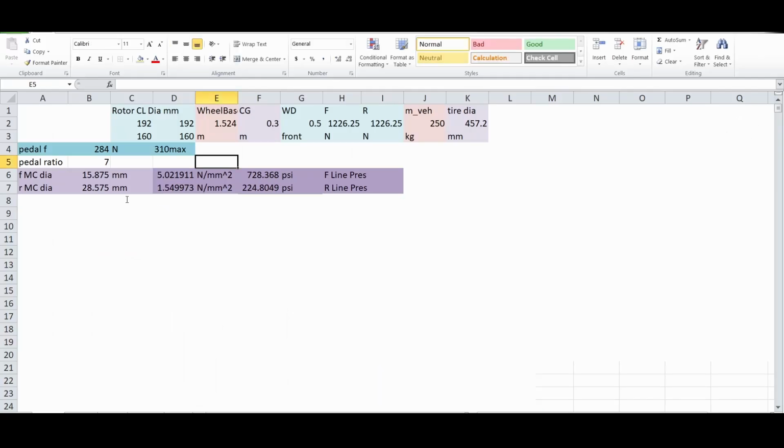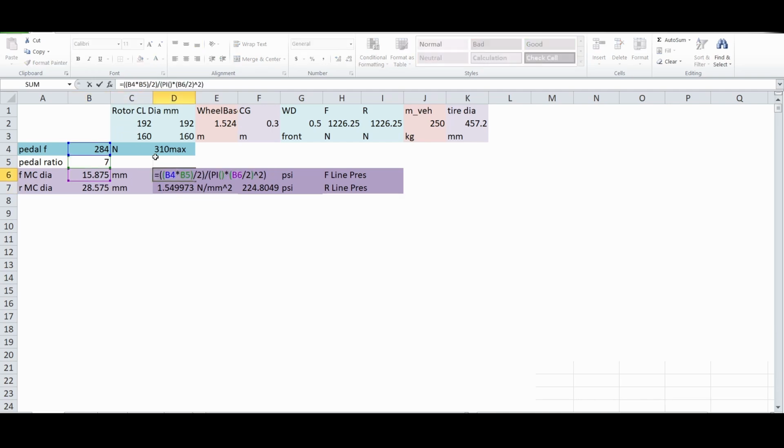So next we go into front and rear master cylinder diameters, which you're going to look at a manufacturer, who you want to buy your master cylinders from, and they have sizes already made, so you're kind of stuck with those sizes. So in this case, 5/8 for the front, 1 1/8 for the rear.